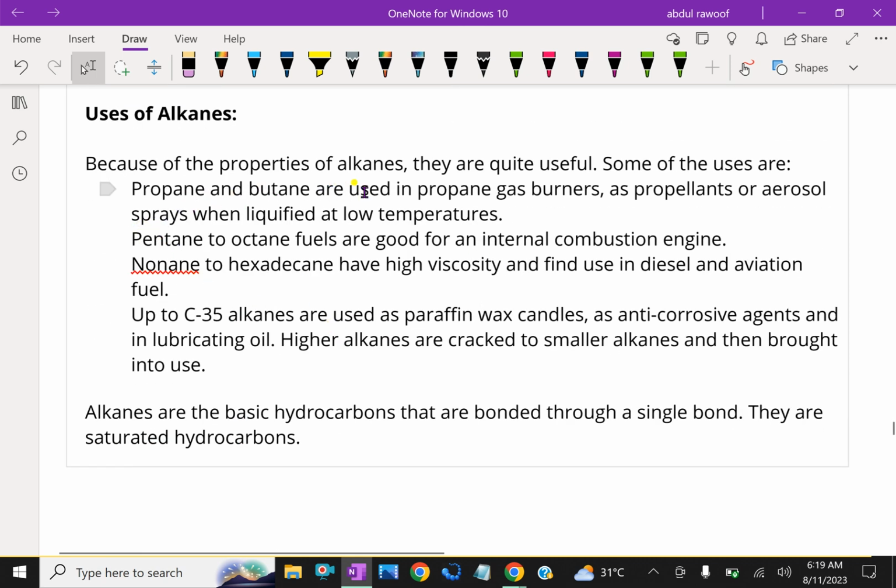Uses of alkanes. Because of the properties of alkanes, they are quite useful. Propane and butane are used in propane gas burners, and as propellants or aerosol sprays when liquefied at low temperatures. Pentane to octane fuels are good for internal combustion engines.